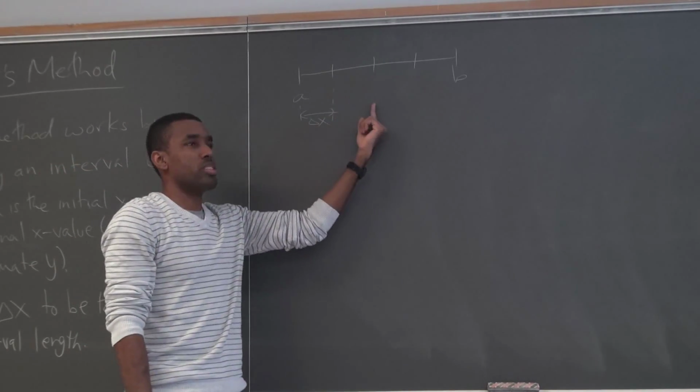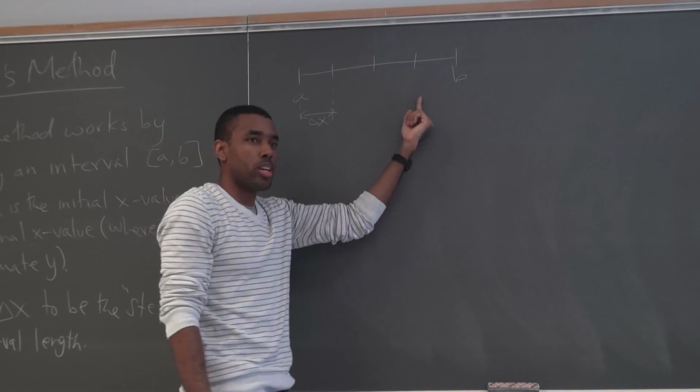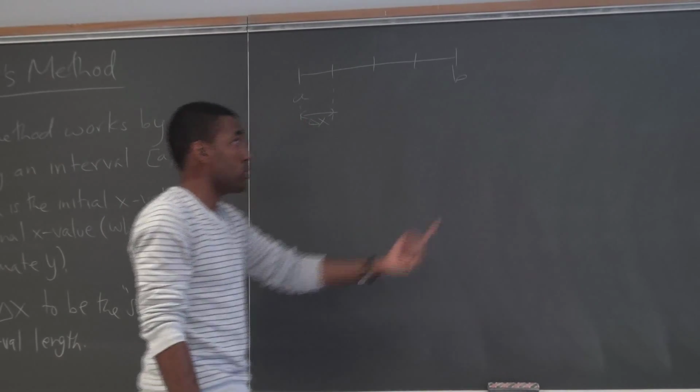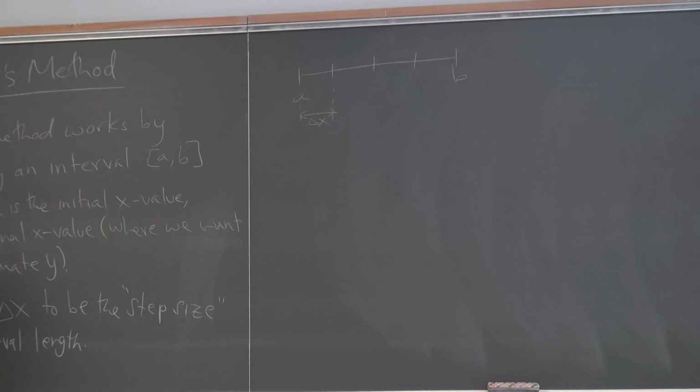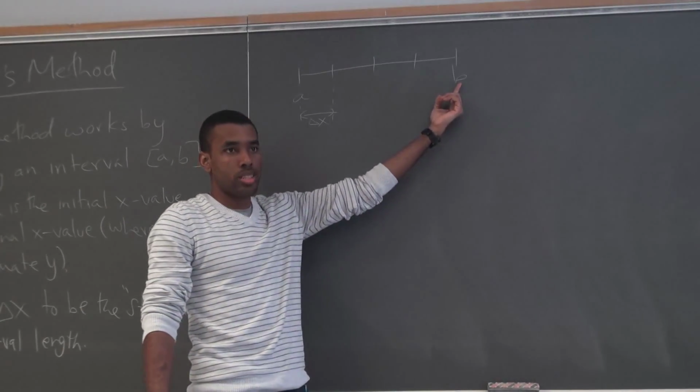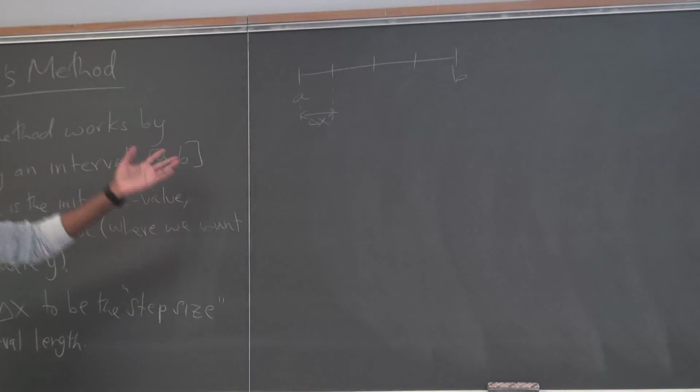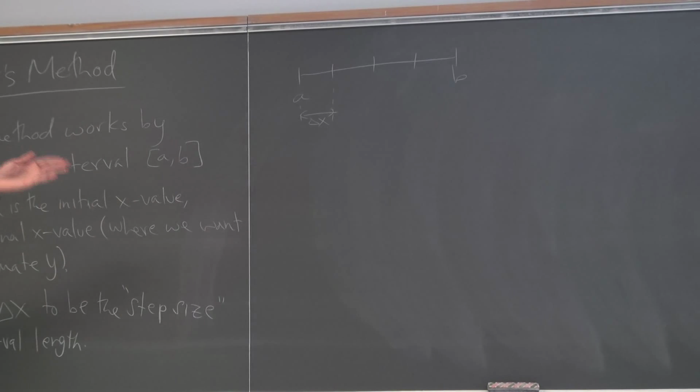Then we use it again, what is the value here? Then we use it again, what is the value here? And so we step towards our solution piece by piece, taking step sizes of delta x, and ultimately we want to know what is the value when x is this, right? And this will always be given, and we'll also mention how many steps we want you to use. But that's basically the idea.